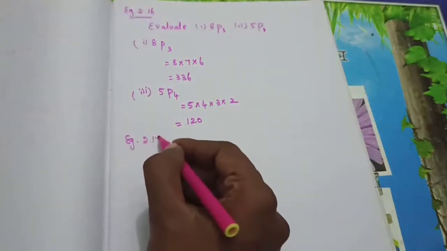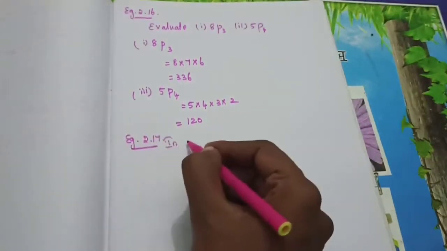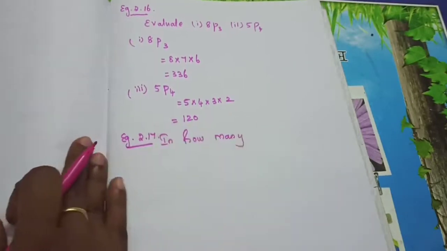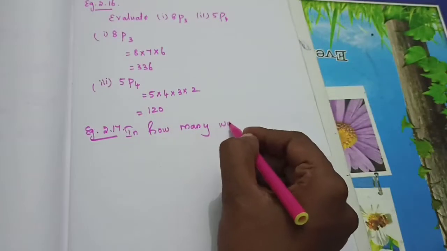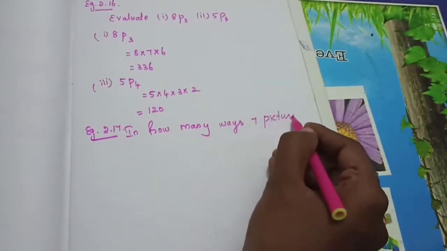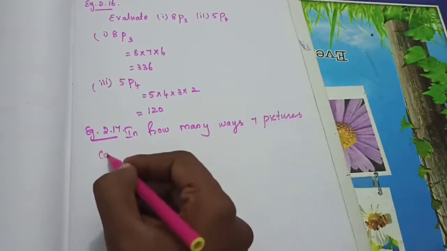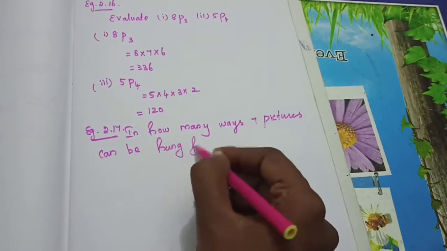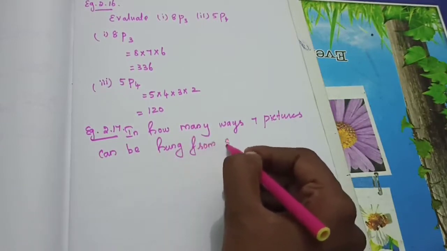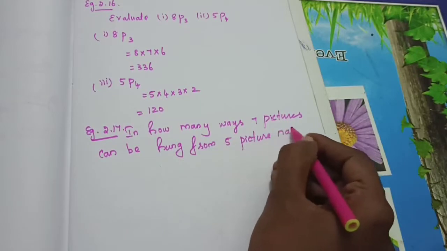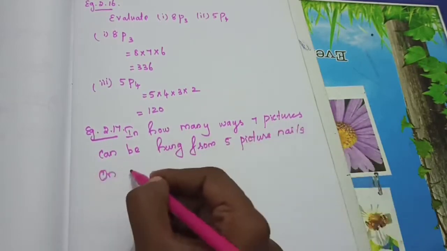Example 2.17. In how many ways can 7 pictures be hung from 5 picture nails on a wall?